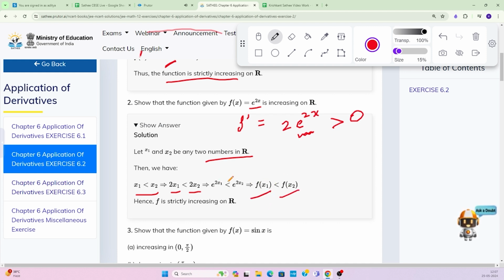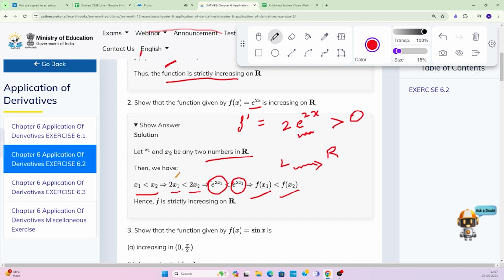Why? From where have we written this? If you remember the logarithmic function and the exponential function, if you move left to right, the exponential function increases, meaning the output will be greater.